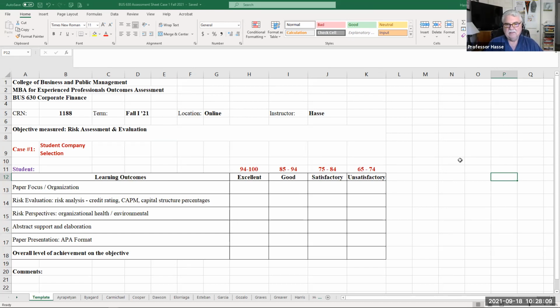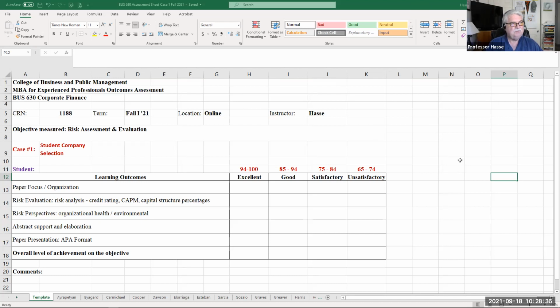So I went through your work and looked at your paper focus, the organization, how you flowed the information through your paper. I looked at the risk evaluation and the risk analysis using the capital asset pricing model, the capital structure percentages. This is where some of us had some grades reduced.